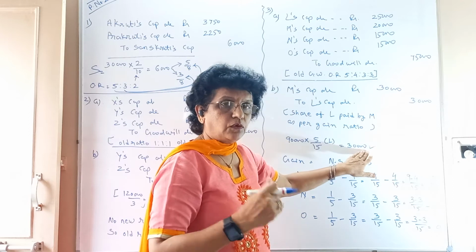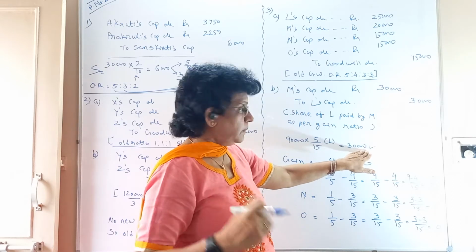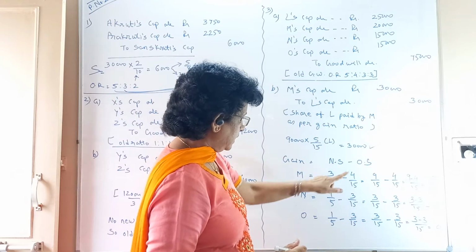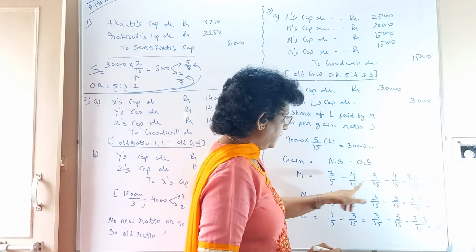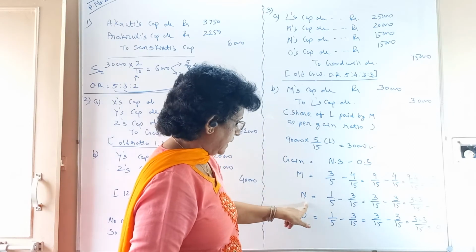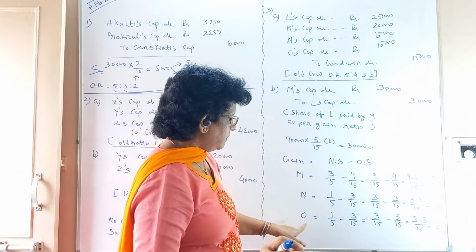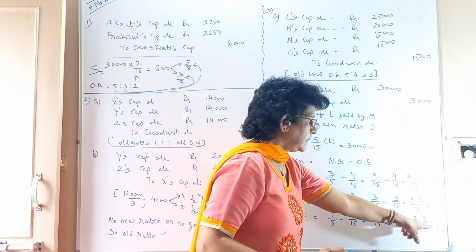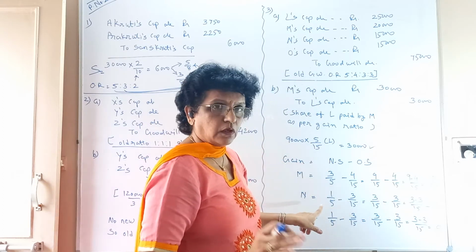For that we need to find out the gain of all the continuing partners. So the gain of the continuing partner, if you count of M, you will find that 5/15. If you count of N, you will find 0. There is no gain. In the same manner, O is also not getting any gain. Here the calculation is done for your comfort.